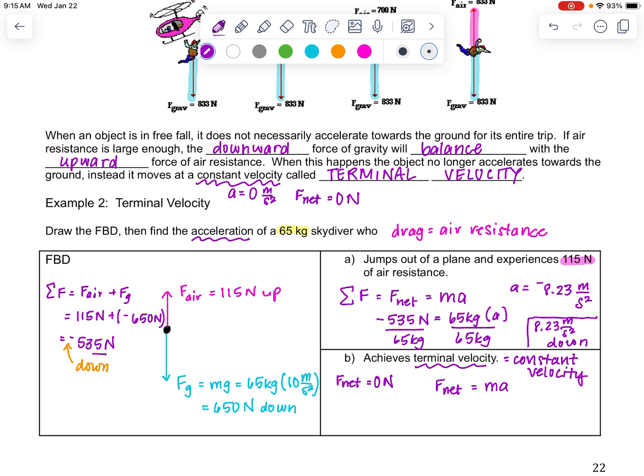We can show that by saying 0 newtons is equal to 65 kilograms times acceleration. If we divide by 65 on both sides, we know 0 divided by anything is 0, so acceleration is 0 meters per second squared. You guys, that box is terrible.